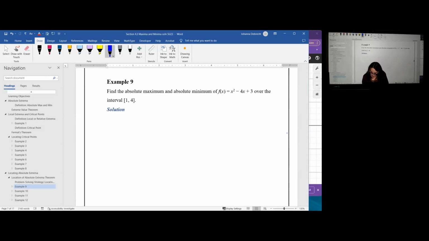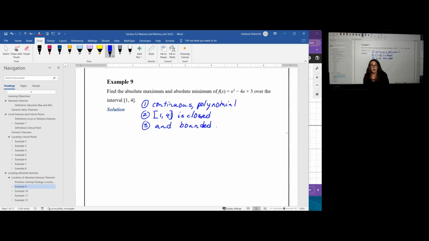So let's go ahead and check our conditions to apply the theorem. It's continuous because it's a polynomial. Now, is it a closed bounded interval? 1 to 4 is closed because we include both the 1 and the 4, and bounded because they're not going to plus or minus infinity.